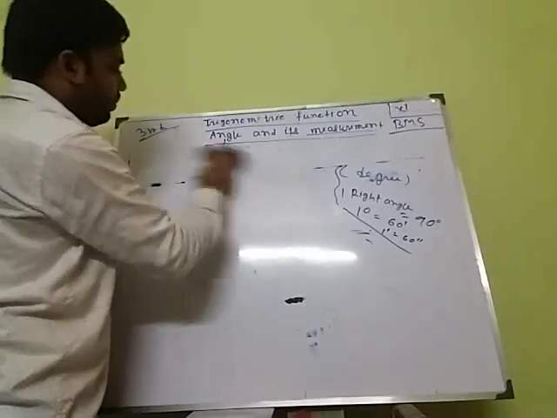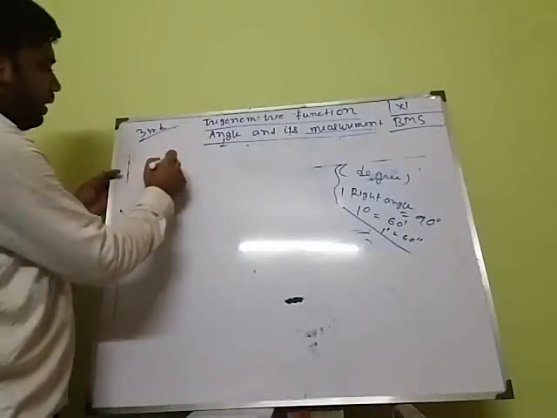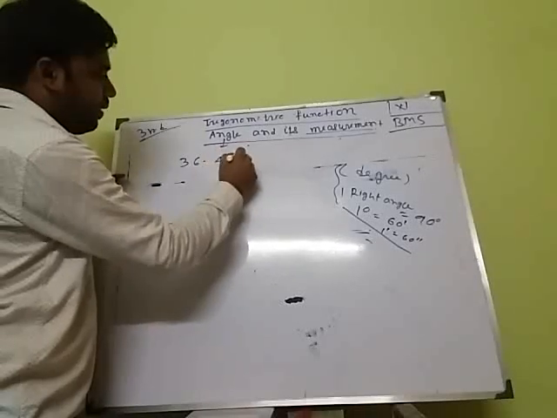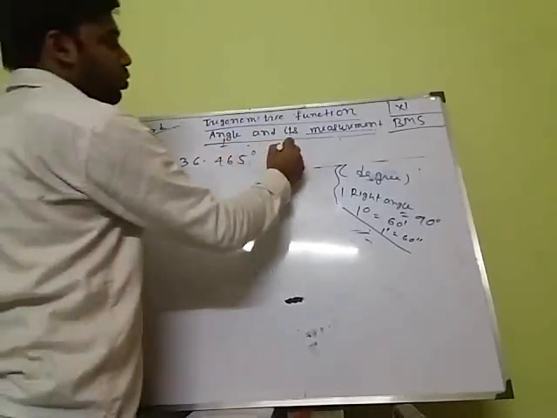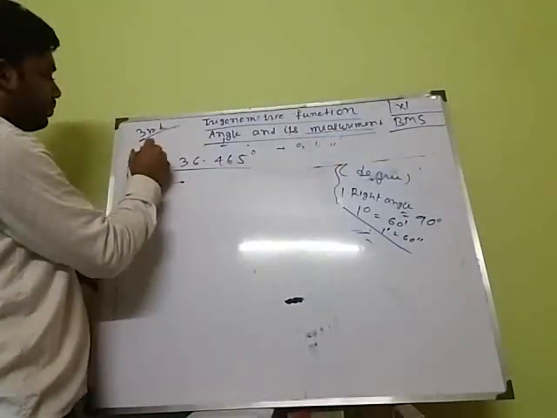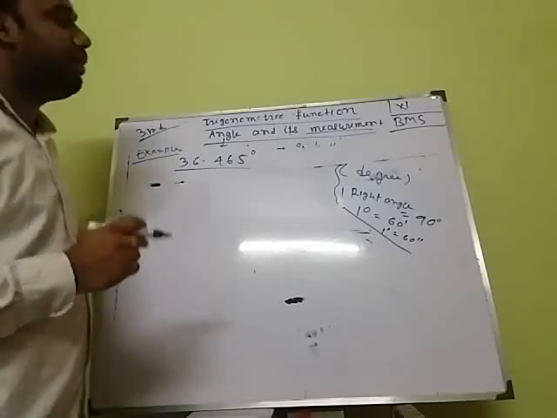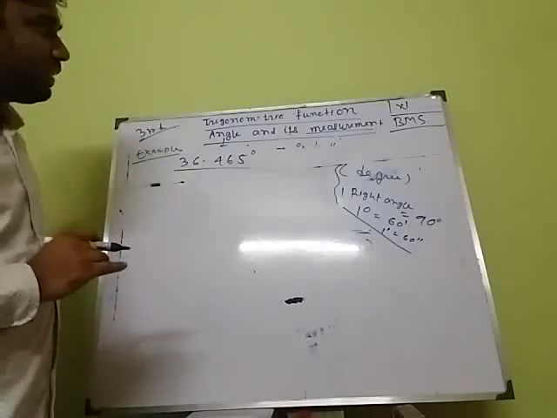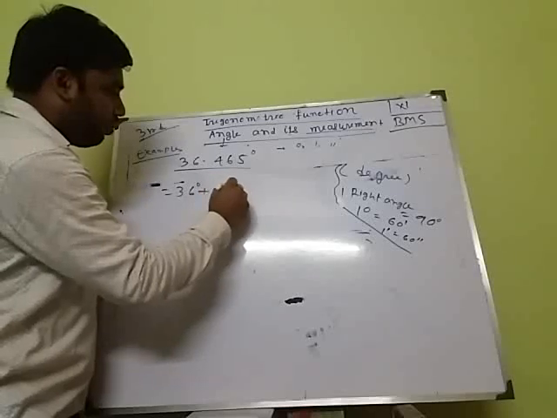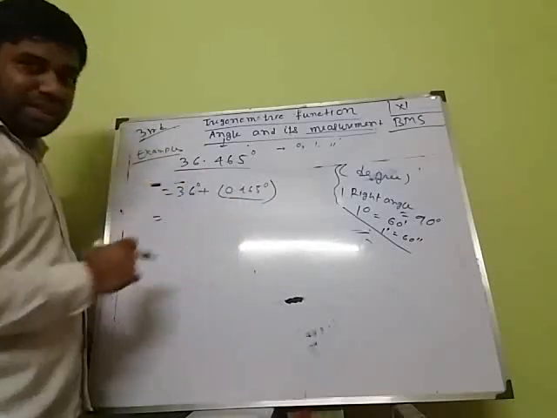Now, one example. If I want to convert 36.465 degrees into degrees, minutes and seconds. Okay, first of all, 36 degrees plus 0.465 degree, and that part is less than 1 degree.